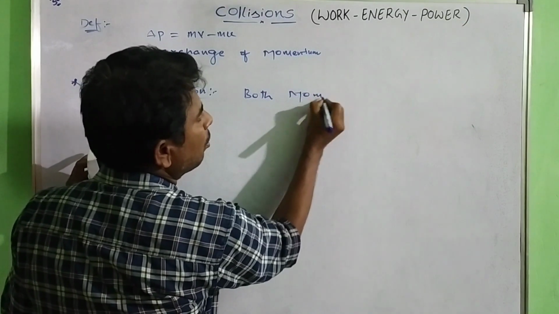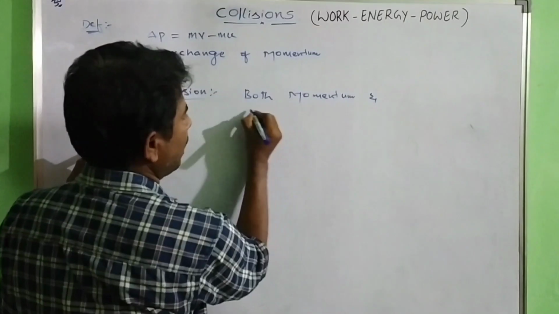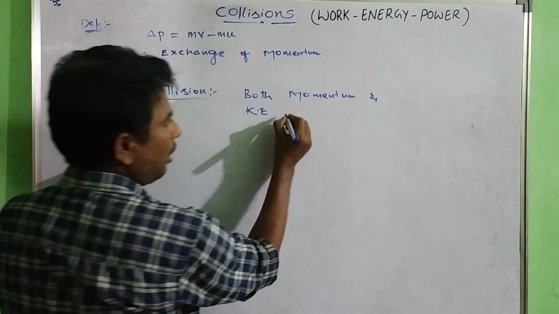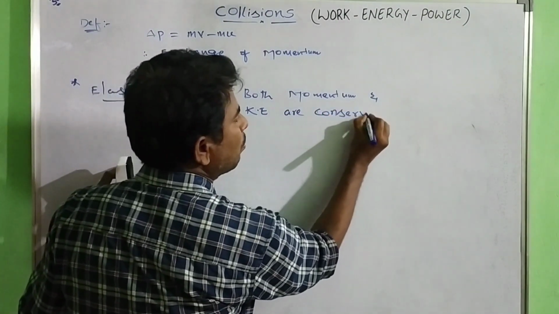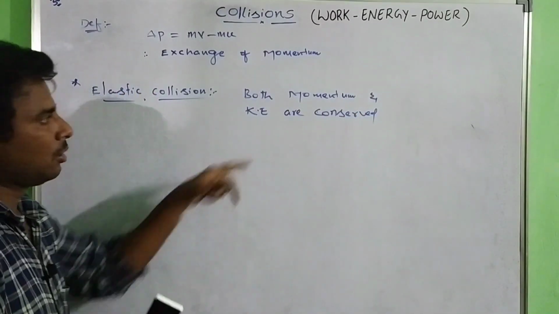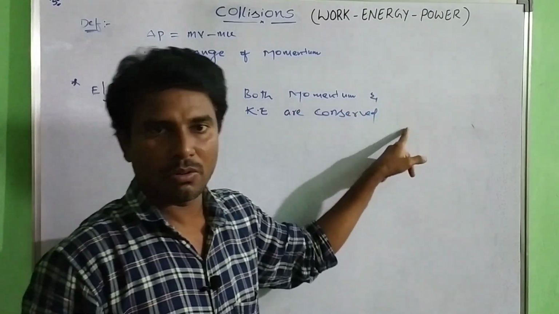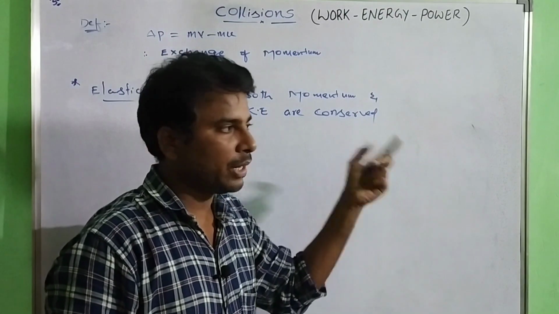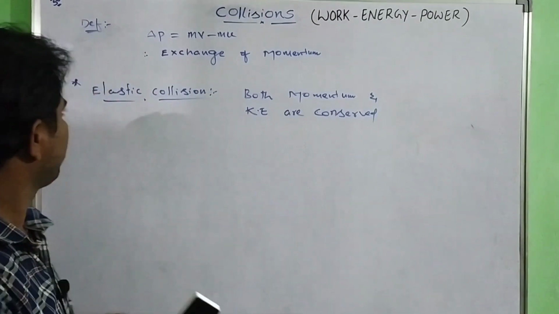Momentum is P equals mv and kinetic energy K equals half mv squared. These two quantities are conserved, meaning from one point to another, these two quantities remain the same.